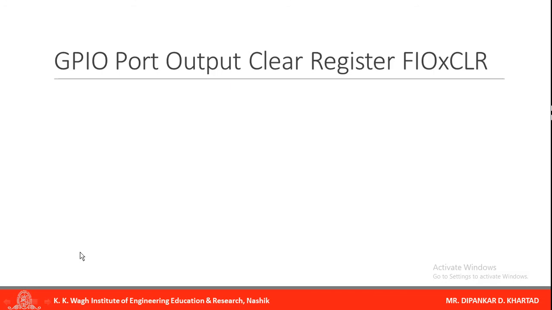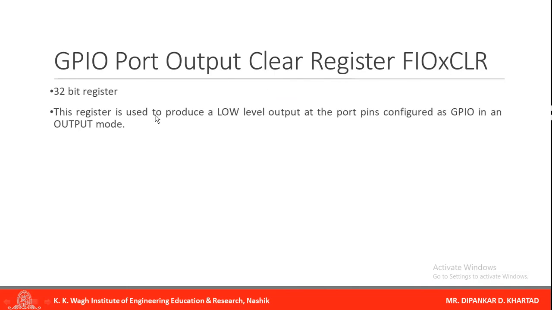Now we'll move to the clear register, that is the GPIO port output clear register, FIOCLR. Again it is a 32-bit register. This register is used to produce a low level output at the port pins configured as GPIO in output mode, because you can set or reset the pin in output mode only.